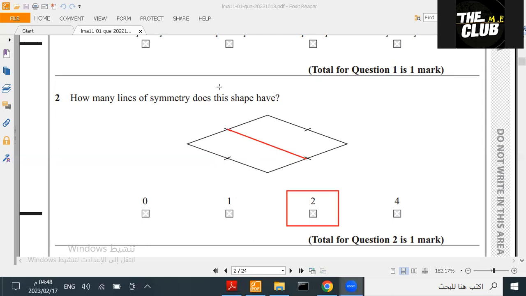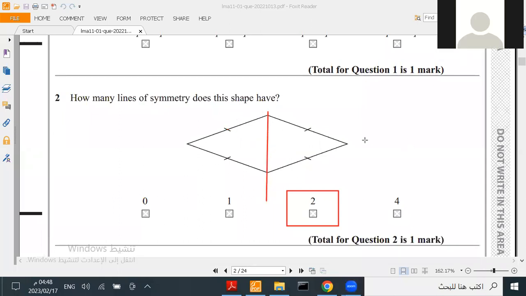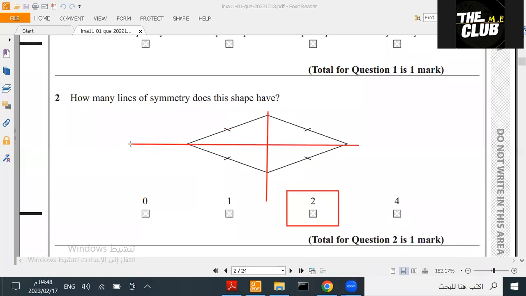No, so this one is not considered line of symmetry. Lines of symmetry can be like this or like this only. Because folding happens right, left, up, and down. Okay. That's the idea of lines of symmetry. Okay. Now, let's move on to the other question.